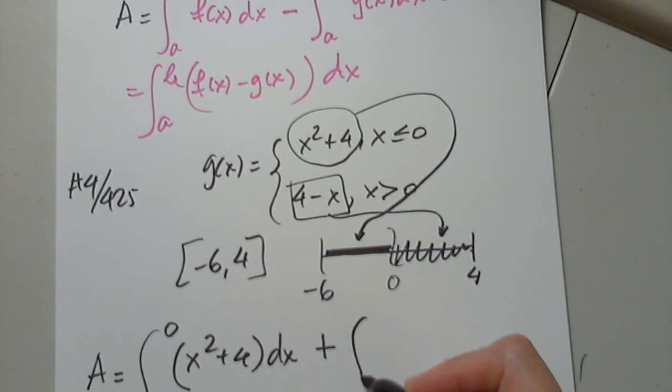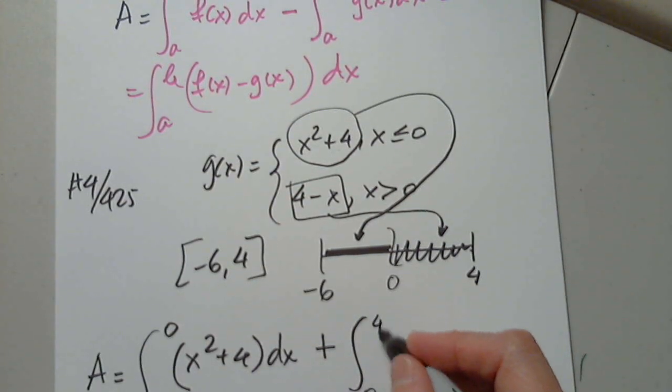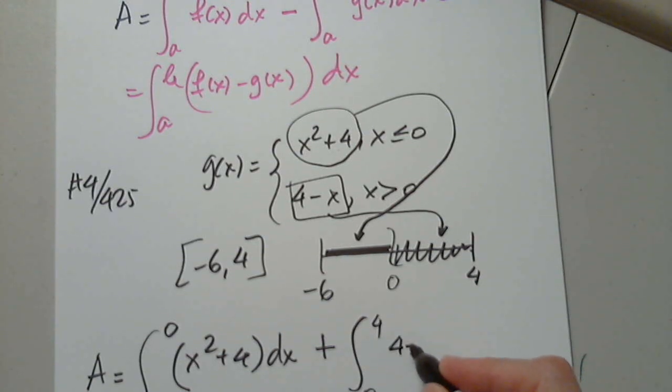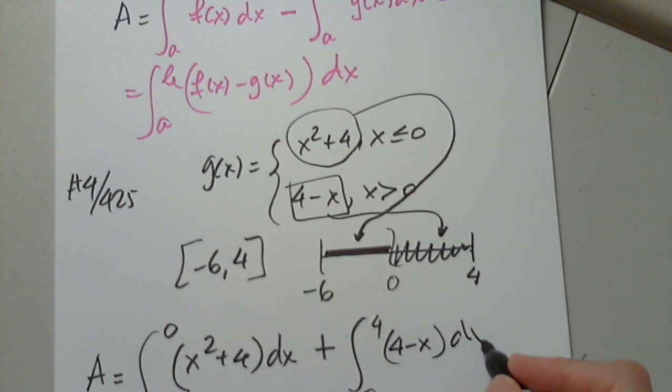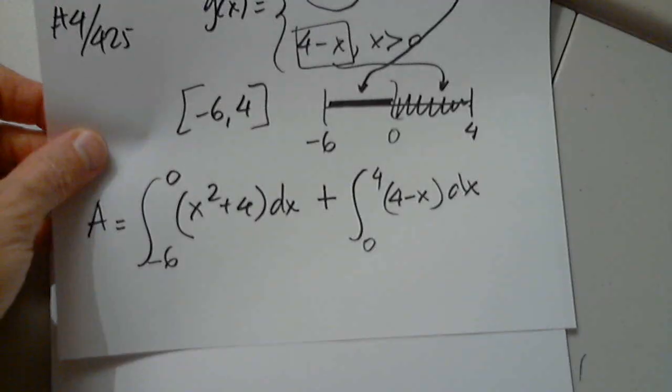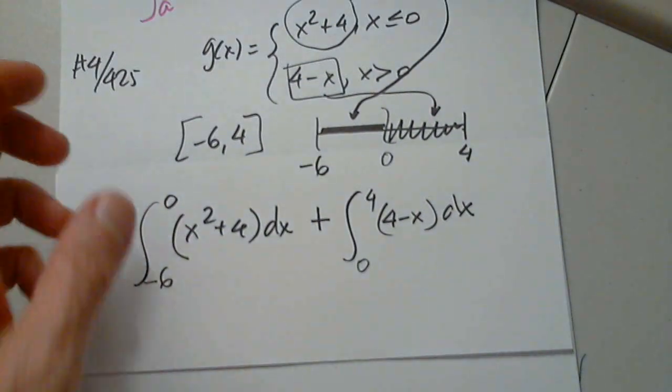Zero to 4. The definite integral from 0 to 4 of 4 minus x dx. Excellent. That's the answer. Of course, we didn't finish, but that's the way we have to determine it. That's the procedure. Awesome. Great job.